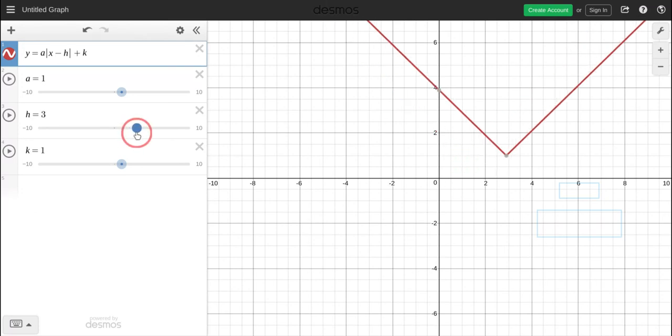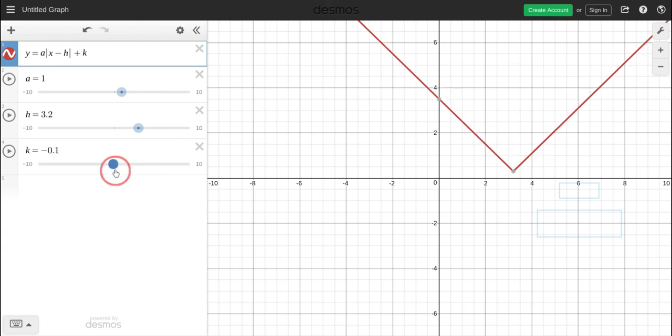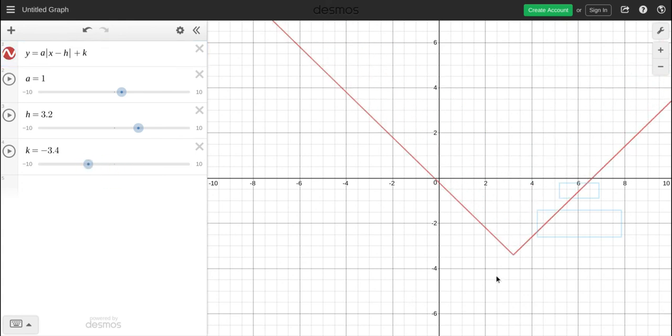So if I move h to be over here somewhere, 3.2, sure enough, my vertex has a domain value of 3.2. If I move k to be negative 3.4, sure enough, that's exactly what my vertex is going to be.